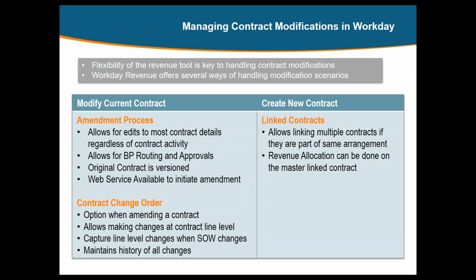And then what we allow you to do is link the new contract that you've created to the existing one, which is your transaction contract. Specifically, if they're part of the same customer arrangement, you can link those two. And then you can do revenue allocation across the two contracts if that's a requirement. So linking is a very key feature that also helps you when you go through contract modifications.